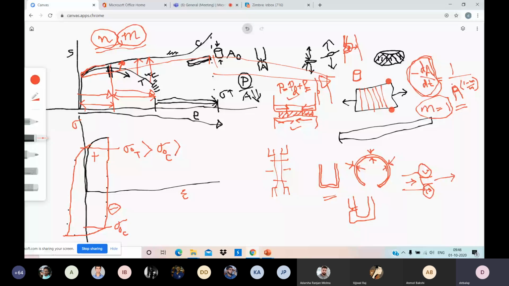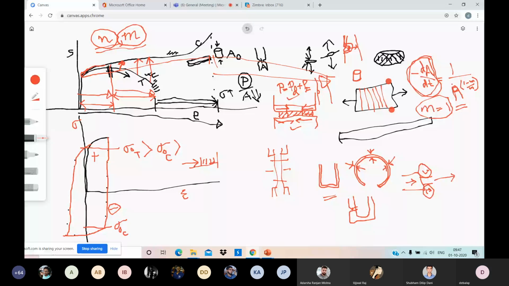Why does this happen? Because of back stresses. When you are loading in one direction, you are creating dislocations and those are getting piled up at obstacles. There is a wall against which the dislocations are piled up.